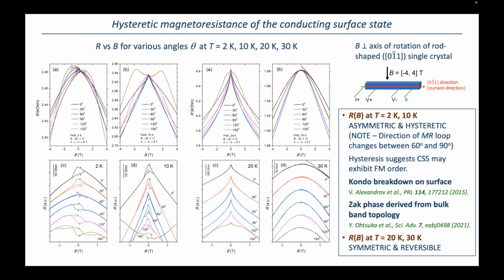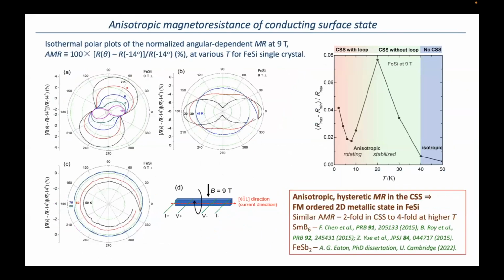Now, we did some other measurements looking at the anisotropic magnetoresistance, and I have to try to lead you through this as well. What we're plotting here are isothermal polar plots of the normalized angular dependent magnetoresistance at 9 Tesla. The formula for that is right there.